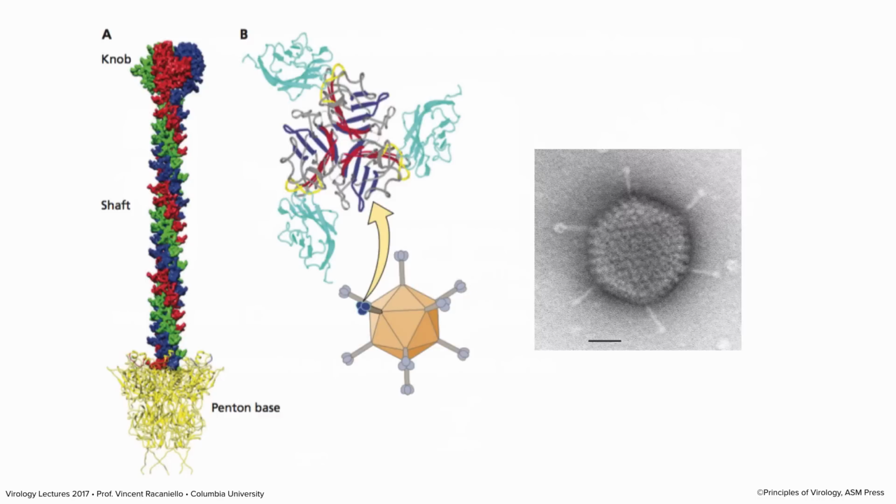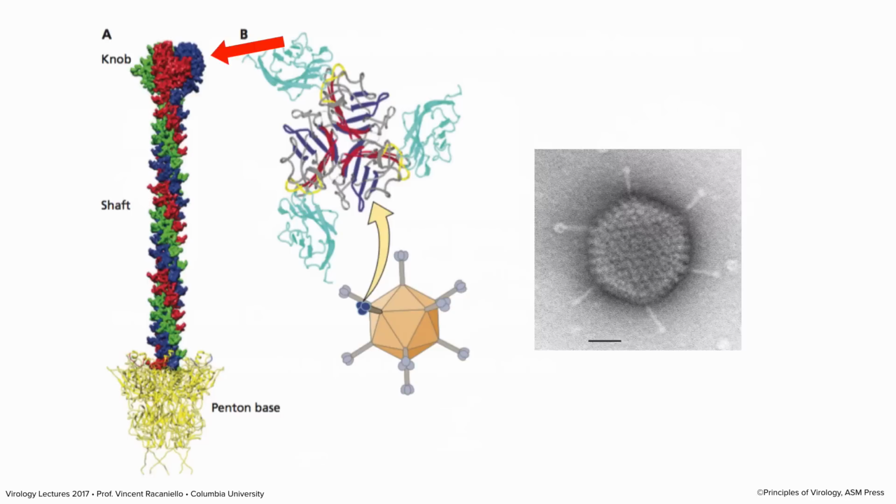Here on the left is the structure of that construction exploded. The penton base is the part that sits right in the icosahedral capsid. Then we have a shaft, which is actually a trimer of 3 individual polypeptides, and then the knob is at the top. And the knob contacts the cell receptor.